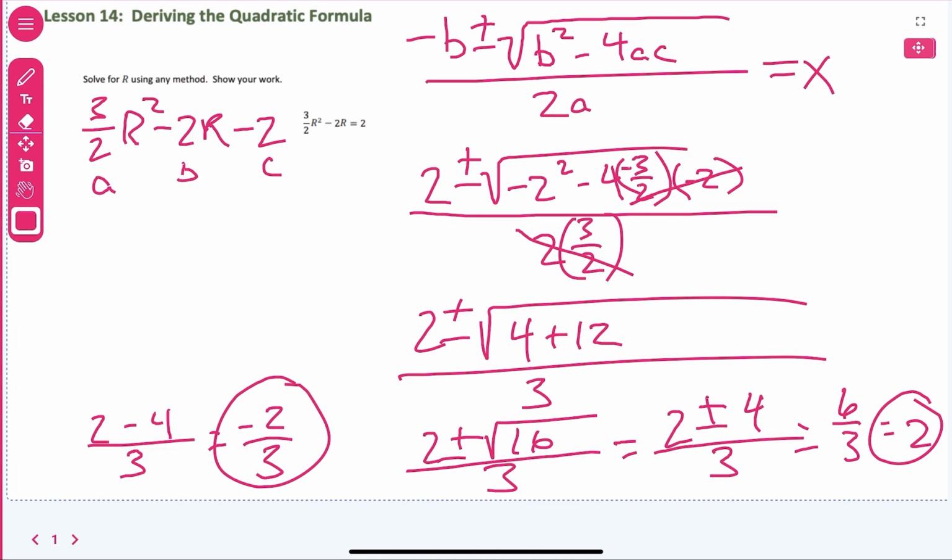Whatever the highest degree is in a polynomial, that tells us how many solutions we have, how many x-intercepts we have, how many roots we have, however you want to call it. There's always going to be 2. Just think about it. When we factored those, how many x's did we get? 2.